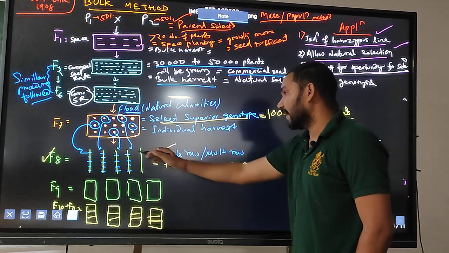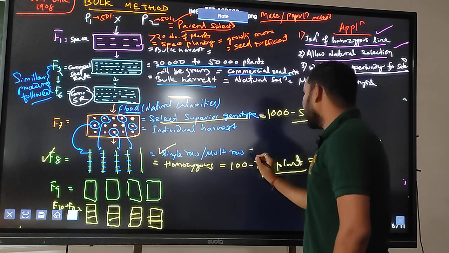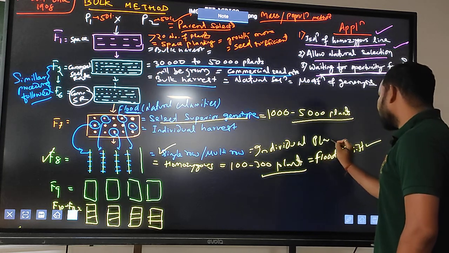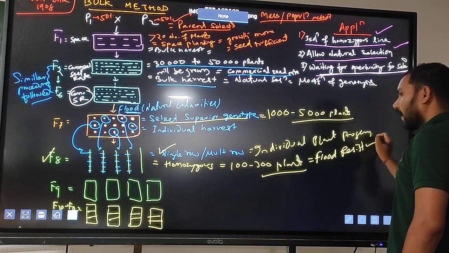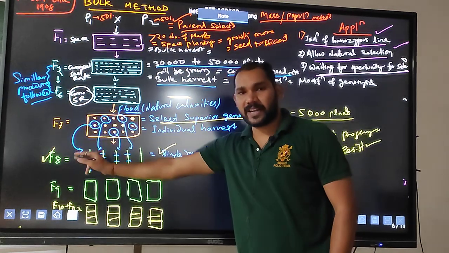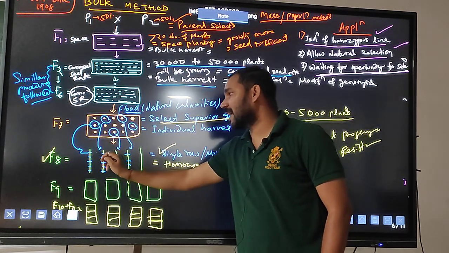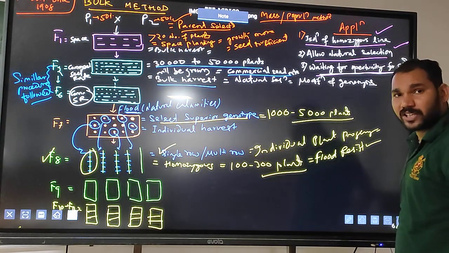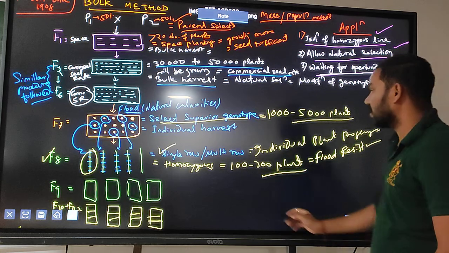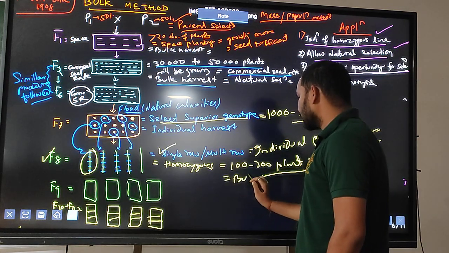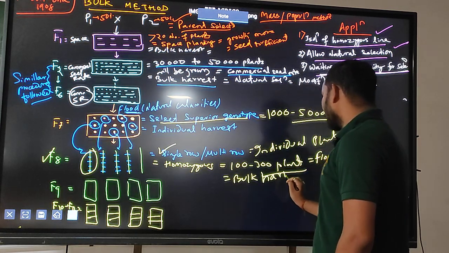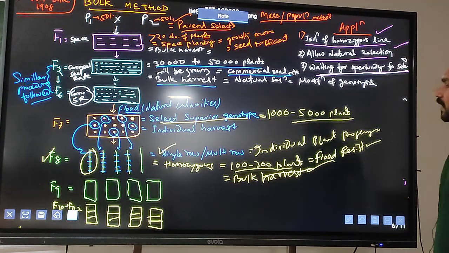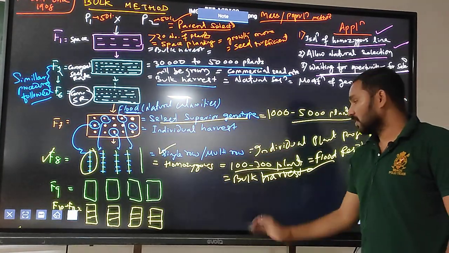These are the individual plant progenies in F8 generation. As they are homozygous in nature, go for bulk harvest.